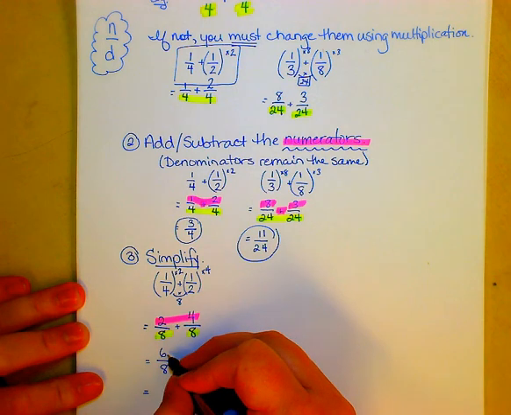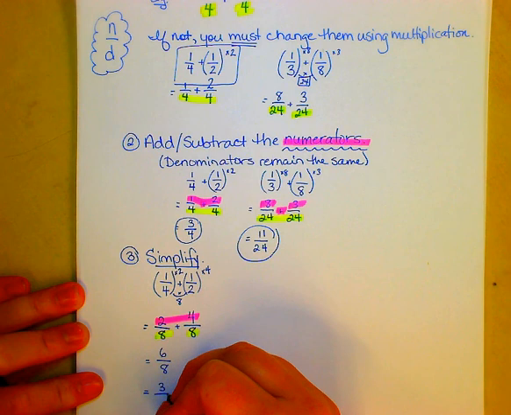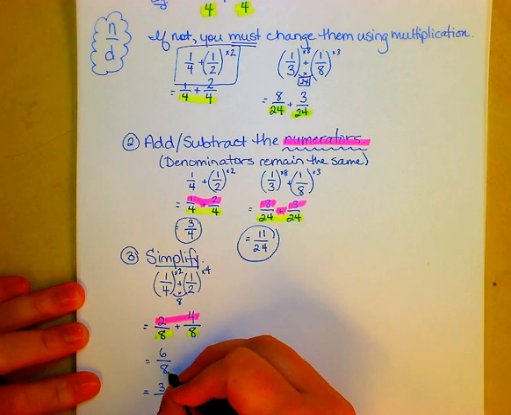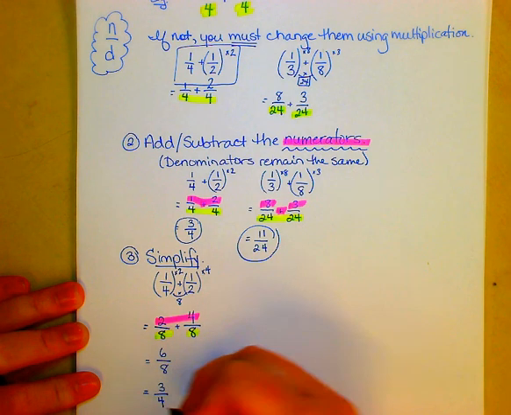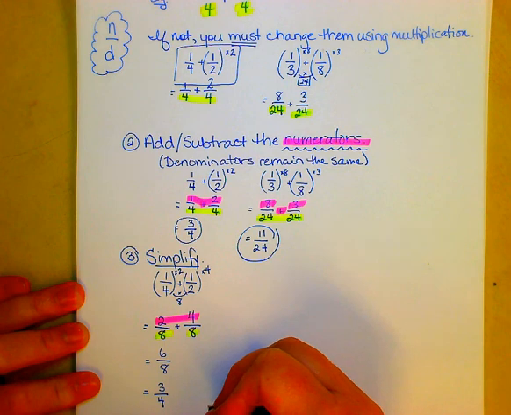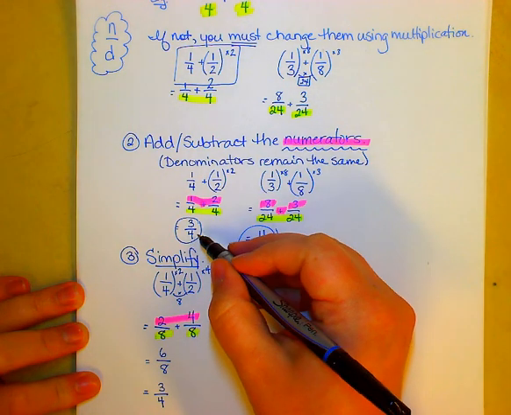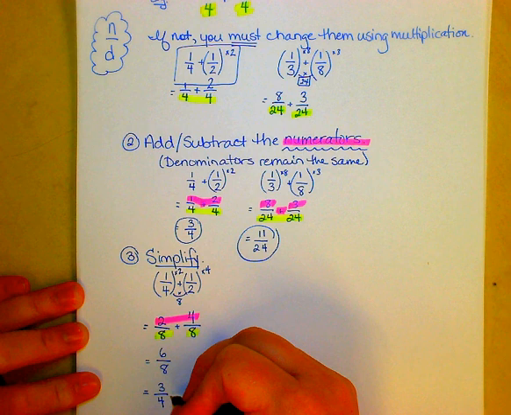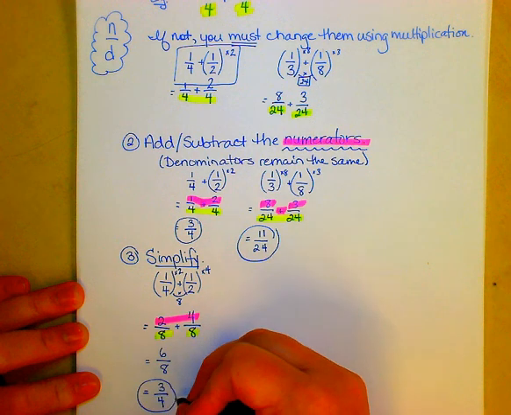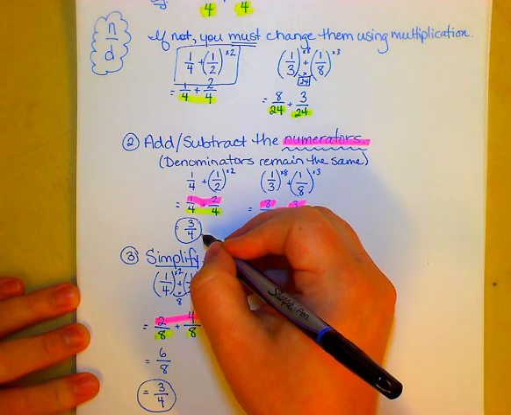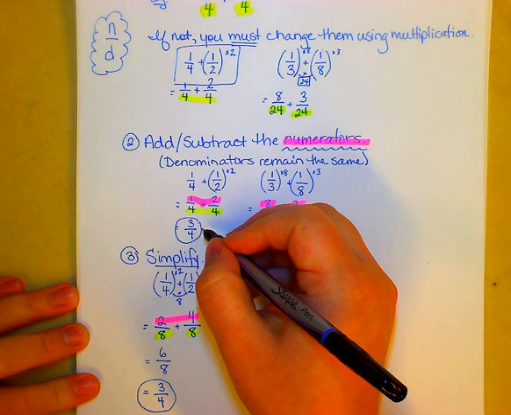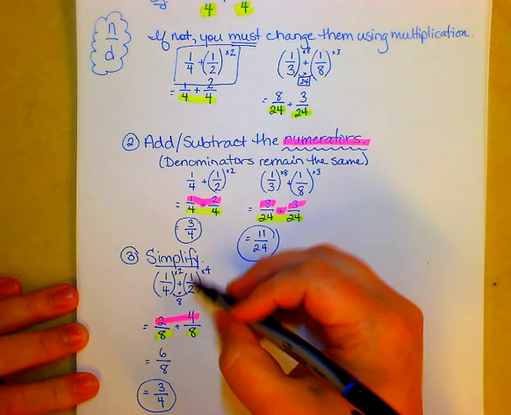So 6 divided by 2 is 3. 8 divided by 2 is 4. Look, same number as what I had up here. Same fraction. 3/4, 3/4. They're the same. My answer is the same.